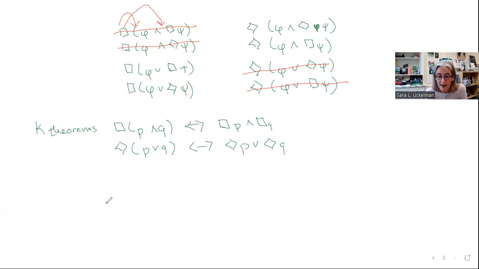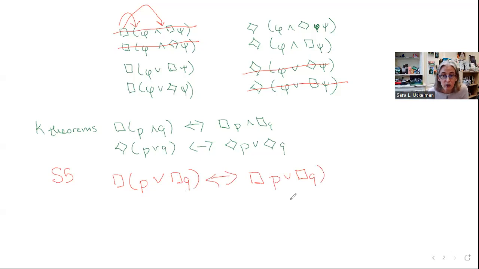What we have now are the really super important ones that I gave you 2 videos ago, 3 videos ago. Anyway, recently enough that hopefully you still remember them, these S5 distribution ones, which say that if you have a necessity of a disjunction and one of the disjuncts has a modal operator on it, then you can do distribution.